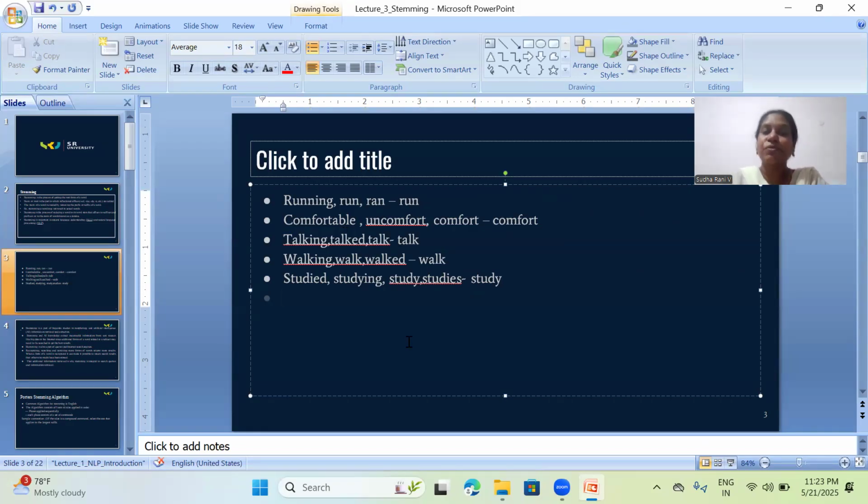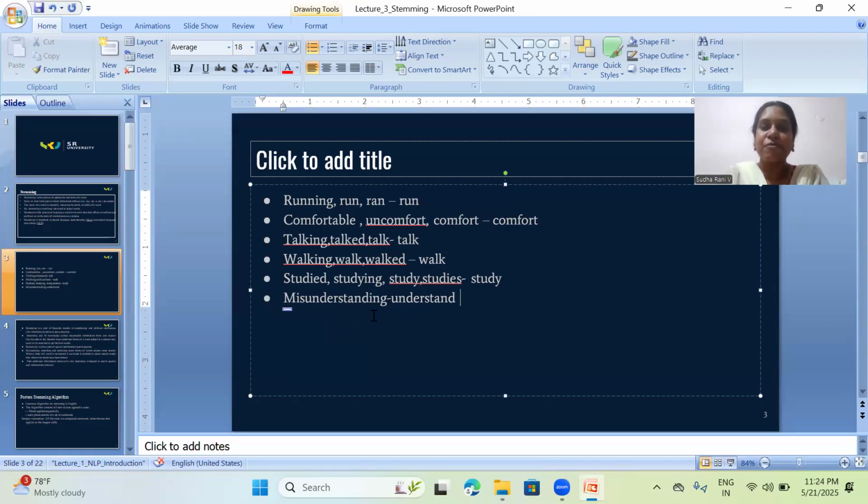Some words are like misunderstanding. Misunderstanding is a stem word, and what is the root word for misunderstanding? Understand. Understand is the root word for the word misunderstanding.